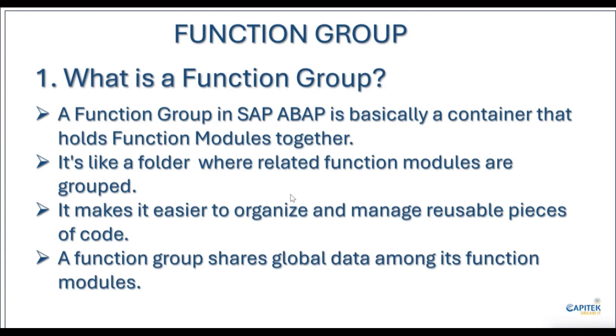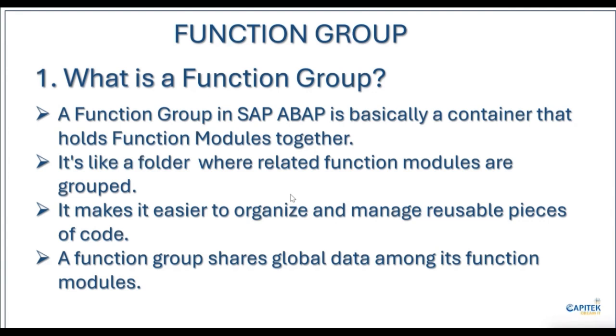Apart from that, you can declare your objects in the function group, they can be made global, and they can be reused. The primary concept of the function group with respect to the function module is reuse.